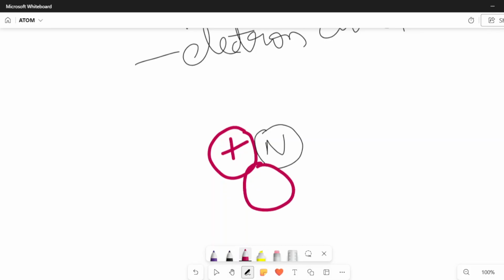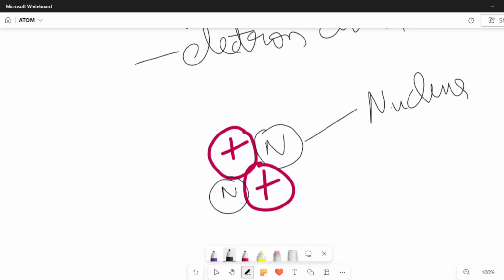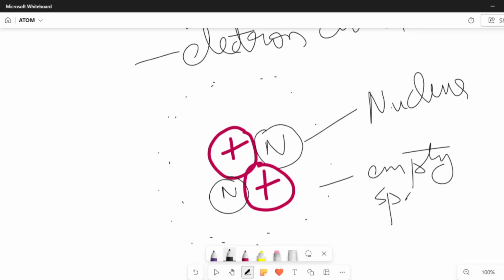A combination of protons and neutrons is what makes a nucleus. So this is the nucleus. Now surrounding this nucleus is empty space. The space around it is empty.